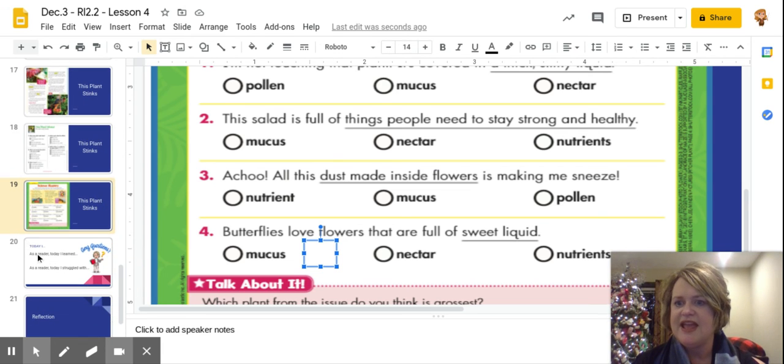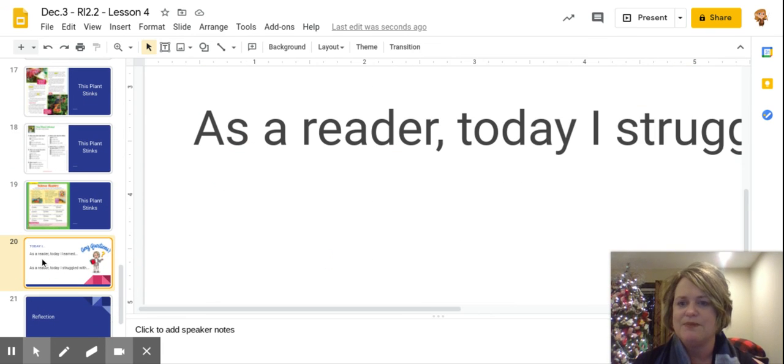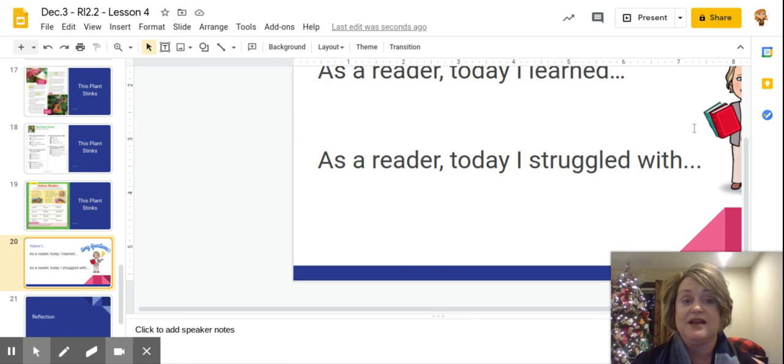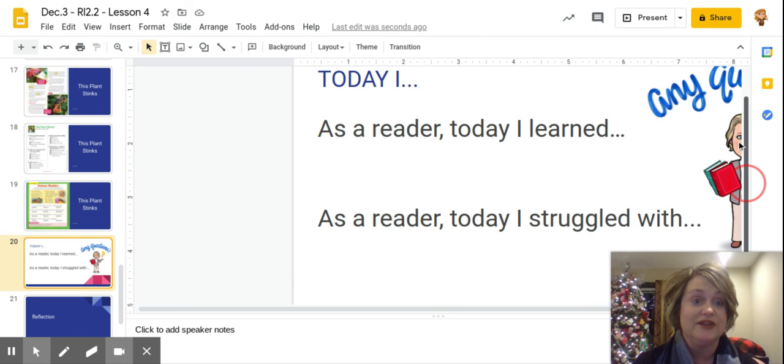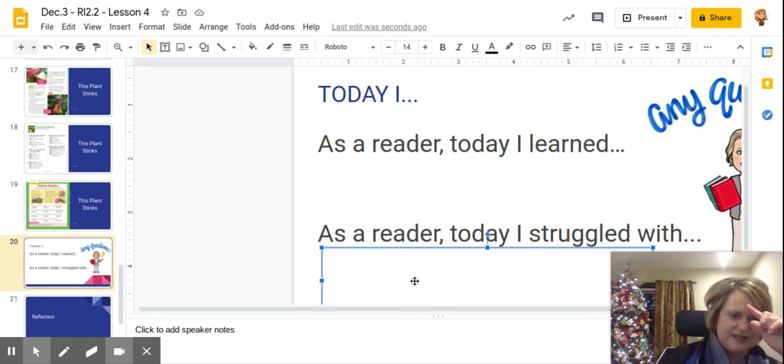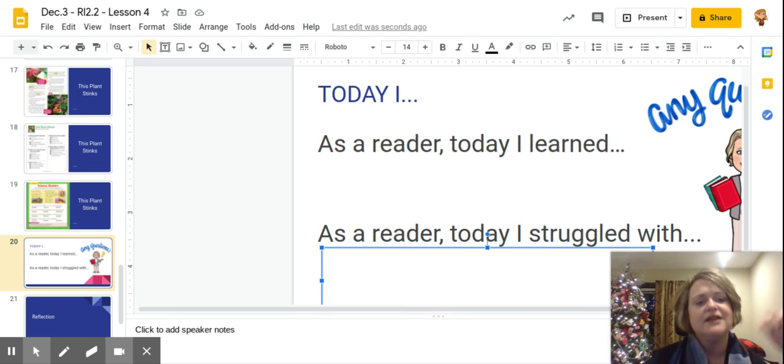Then at the very end, it asks what is something that I learned today as a reader. I should have some really cool sentences there, because as a reader today, you learned some really cool and gross stuff. I can't wait to read what you put that you learned today. And if you struggled with something, I've had a couple of people say, I was able to read it, I haven't had any trouble, I would be a level 3.